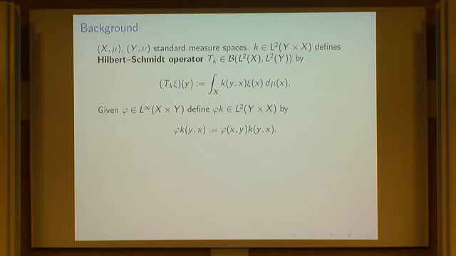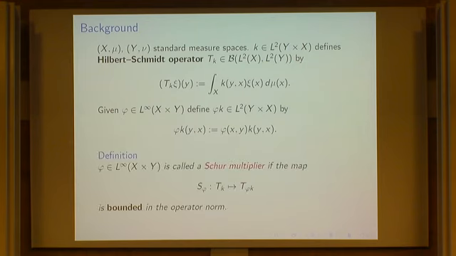And that's the point. You single out those functions for which this mapping defines a bounded transformation with respect to the operator norm, and you call those Schur multipliers. So this is the definition of Schur multipliers.